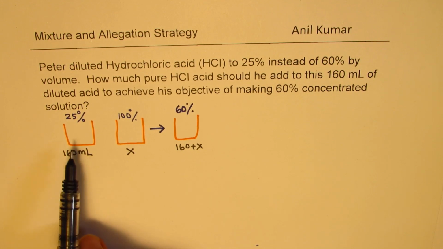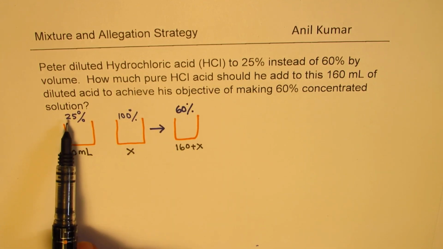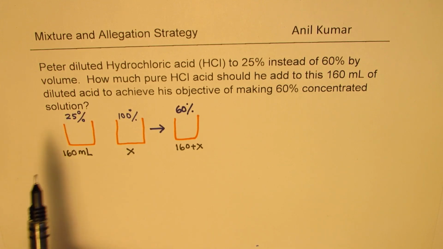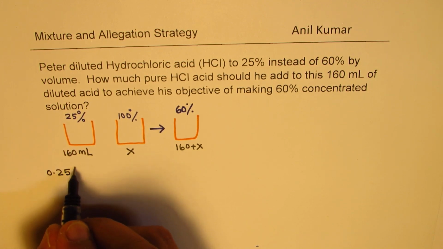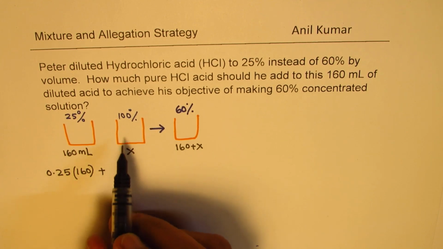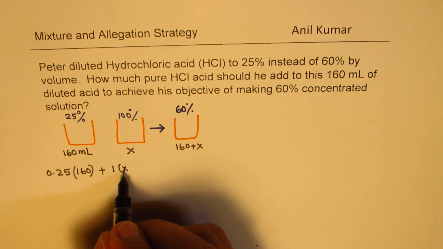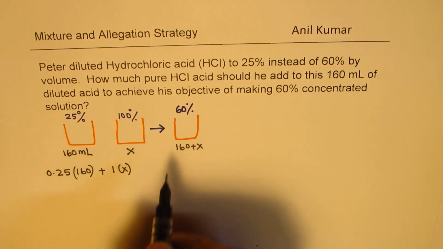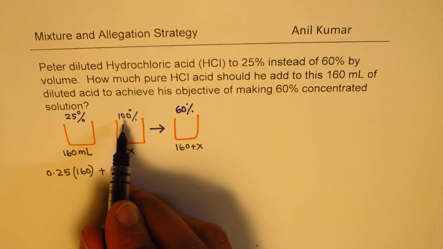Normally we are just working on the concentration of hydrochloric acid, and 25% means 0.25. So we get our equation: 0.25 times 160 plus 100%, that means 1, times X. In percent it will be 1, since you have to divide by 100 to write the equivalent decimal value.